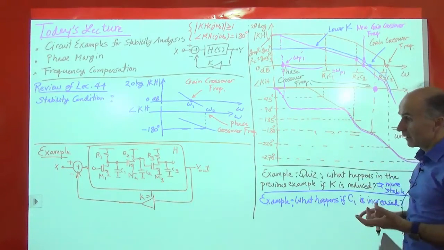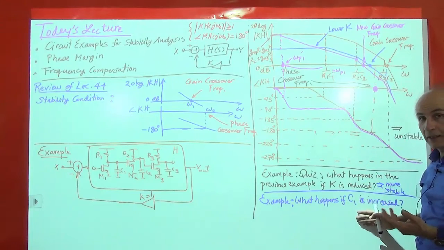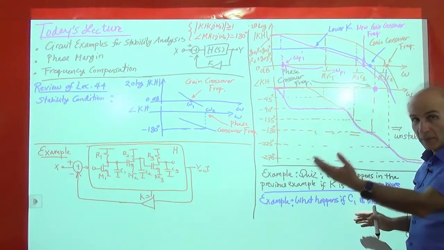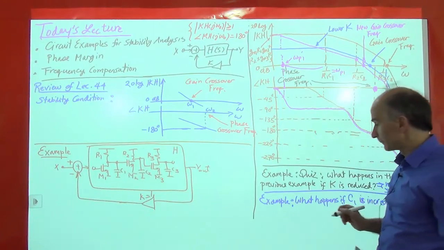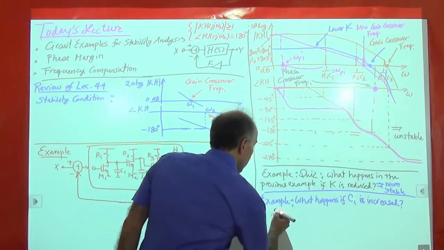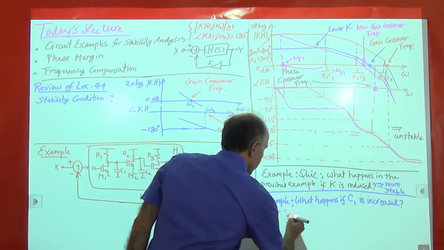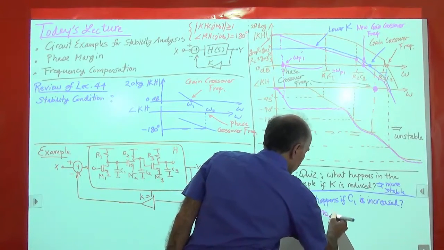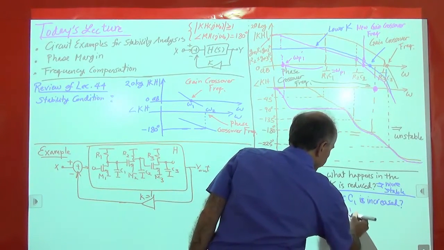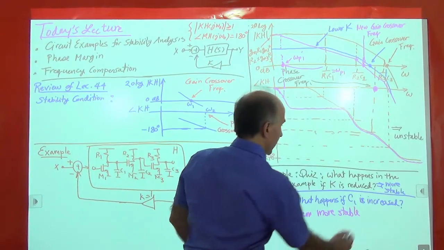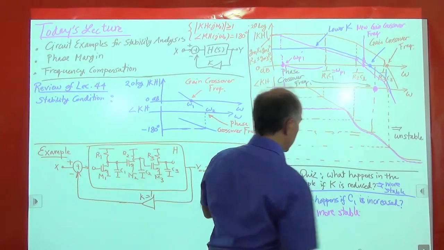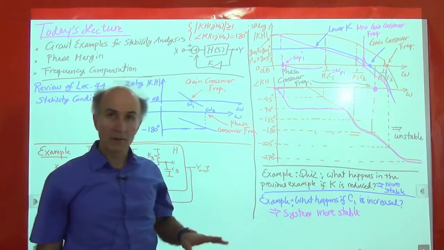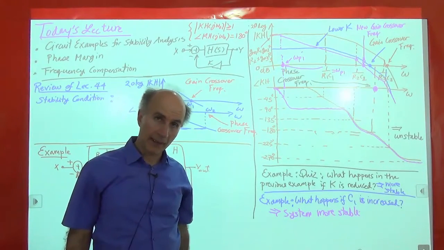So interestingly, I could also increase C1 to accomplish stability, right? That makes the system more stable. And these two examples really capture the essence of all negative feedback systems that we have.